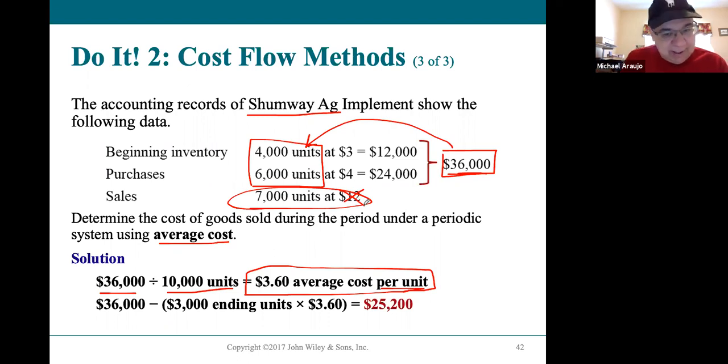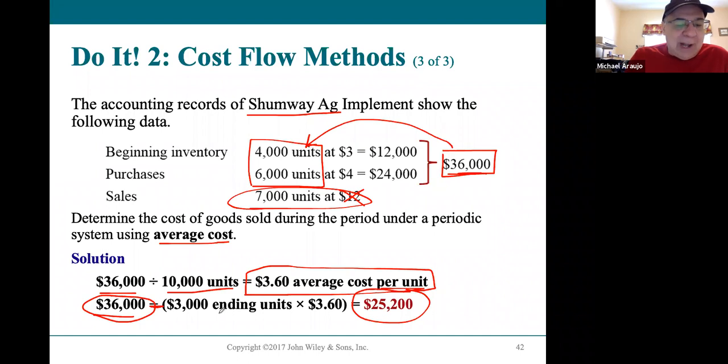We're calculating cost. And those 7,000 units were at $3.60 each. So one way to calculate this is just to do 7,000 times 3.60. You should get $25,200.